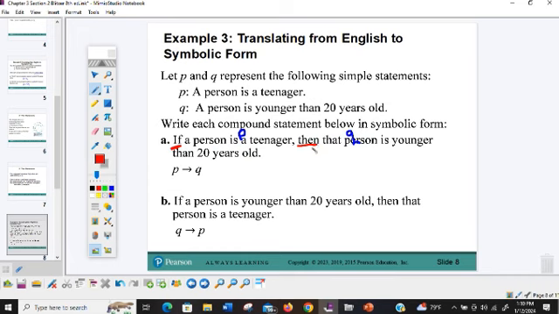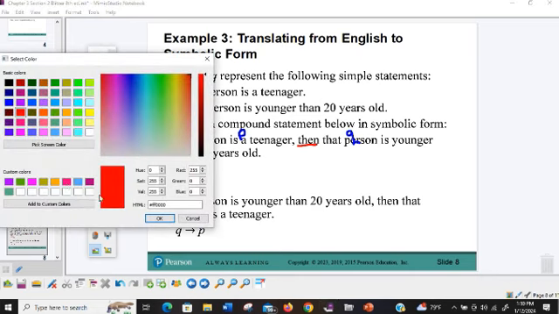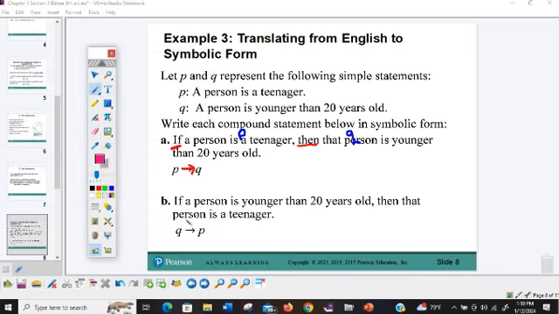If-then means we're using this arrow. I can't draw it very well. So we say if P, then Q. Let's look at the next one. If a person is younger than 20 years old, that's Q, then that person is a teenager.